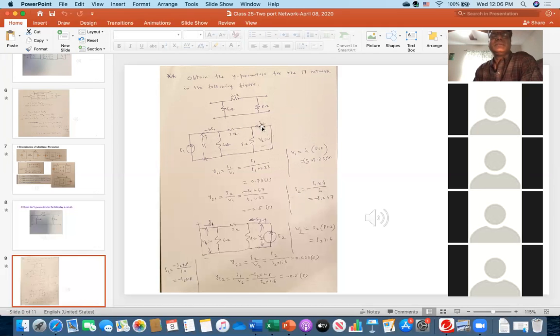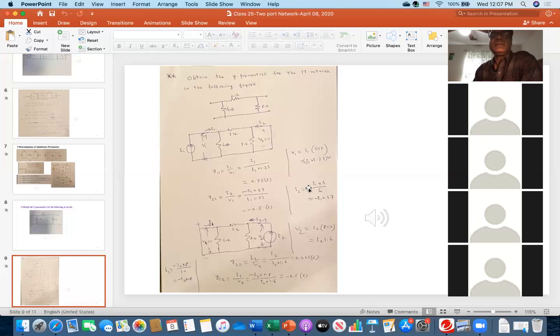My goal is to find out I2, but I am finding I2 with the help of I1, because I1 is the total current, because there is the current source on the left side. And that's why you see I have given a minus sign, because the I2 direction is opposite to the I1 direction. I1 is entering going to the right side, but I2 is flowing to the left side. That's why there is a minus sign.